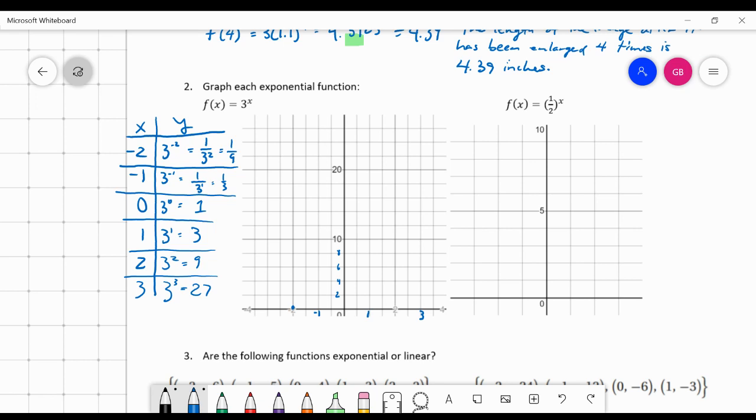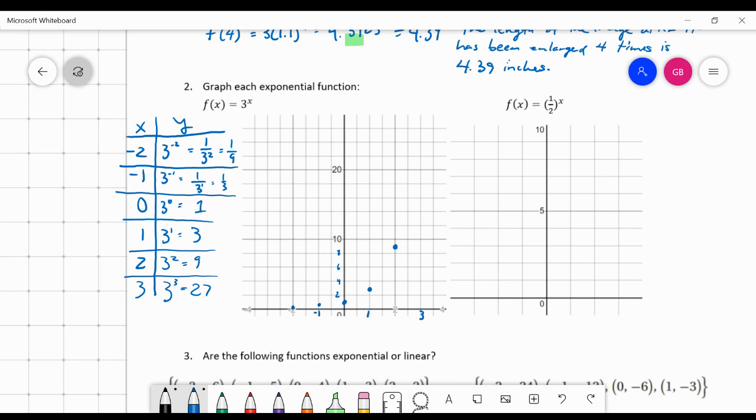So -1, 1/3 is probably around there. 0, 1 is here. 1, 3 is here. 2, 9, and then 3, 27.